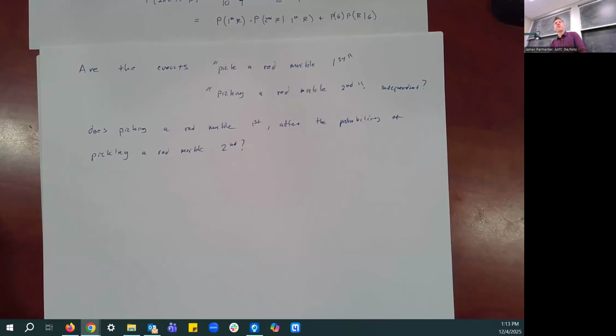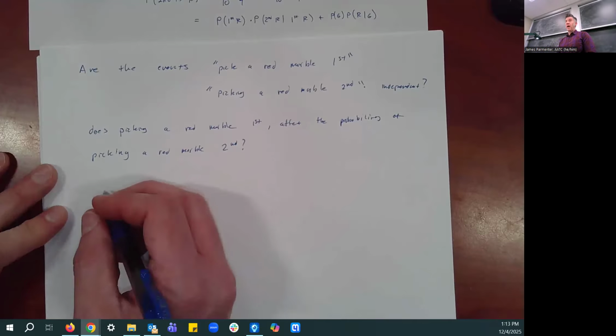Let's think about this before we actually write down the math. If you picked a red marble first, is that going to affect the probability of picking a red marble second? It seems like it should, right? If I've got one of the marbles out, then it seems like it should change the probability of getting a red marble second. Well, let's actually do the math now.